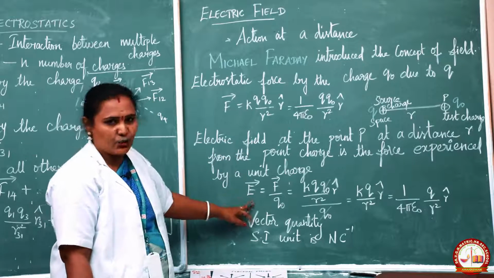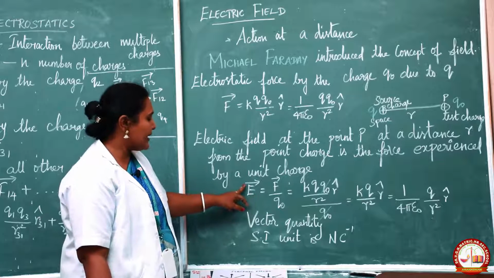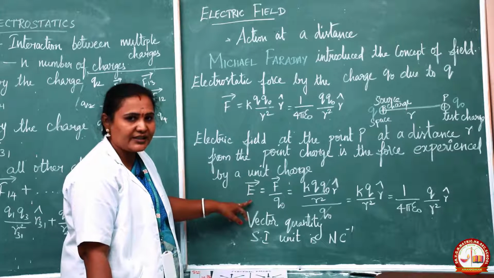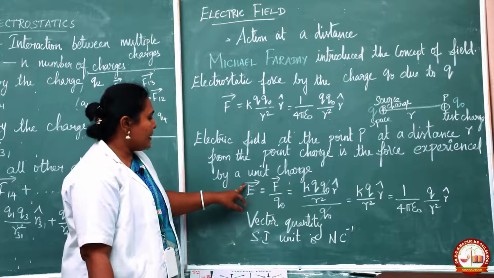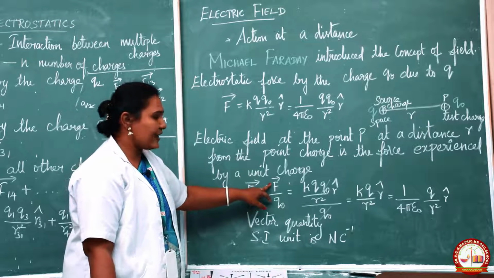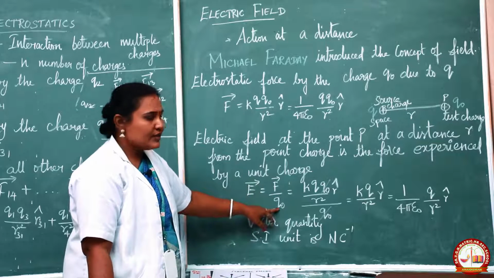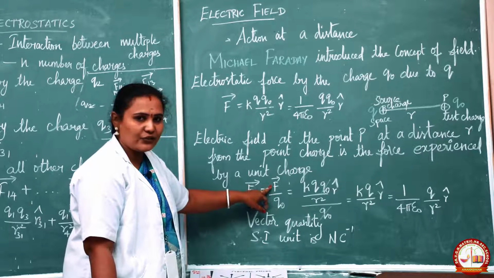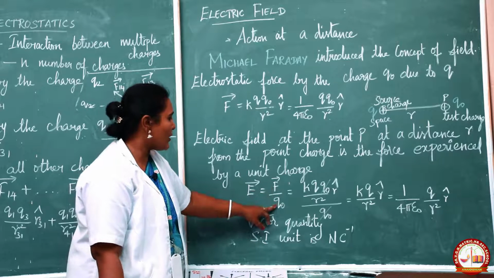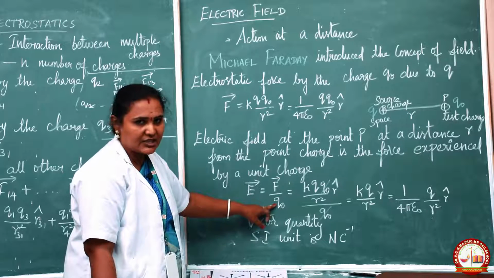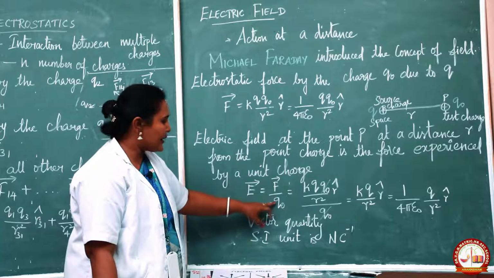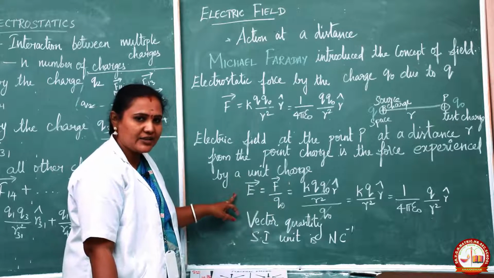It is a vector quantity, so we represent it with the letter E. E vector is equal to F vector divided by Q naught. F represents the electrostatic force, and Q naught represents the unit charge.